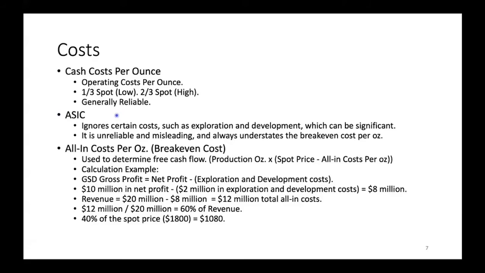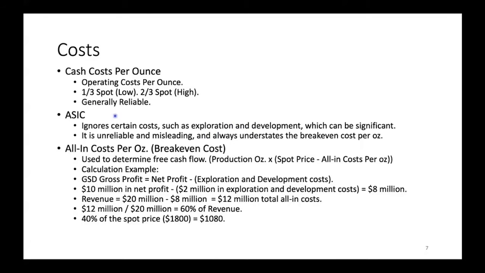The closest you will find is a company that has really high production, say 1 million ounces of gold a year, and they have no debt. Then the AISC will be somewhat close to their break-even, and they're doing very little exploration and development.